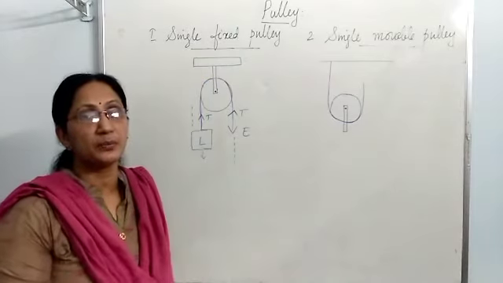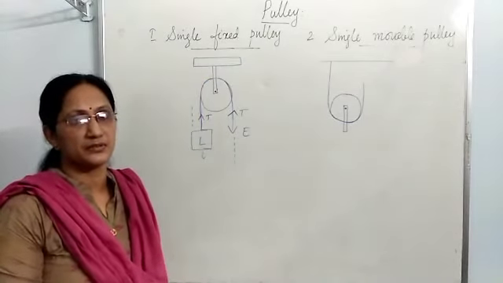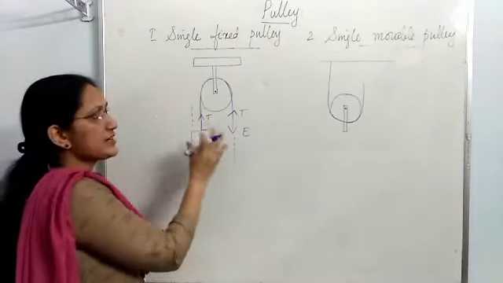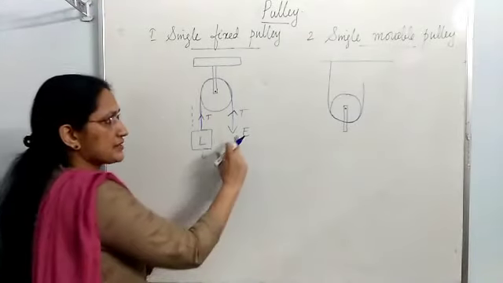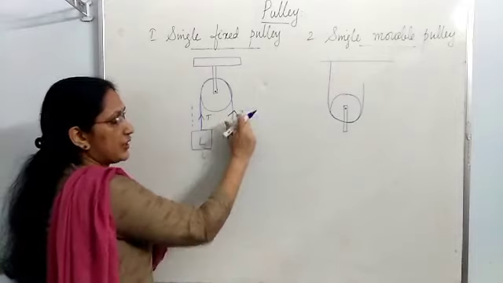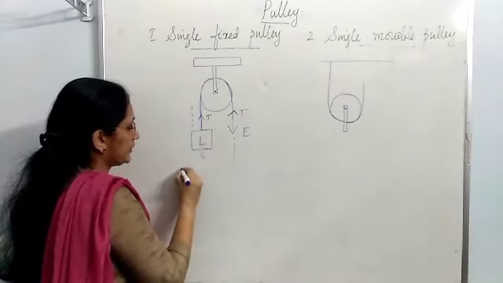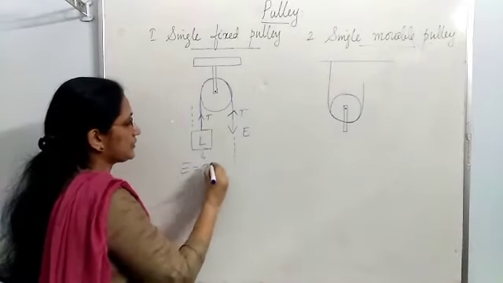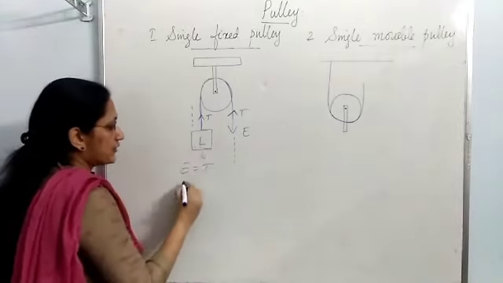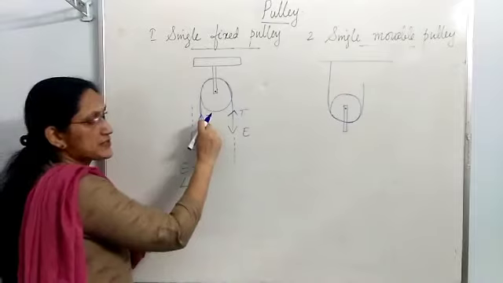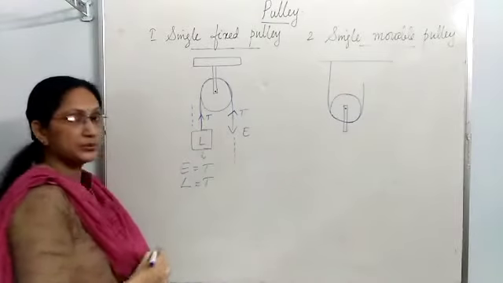That is called the equilibrium or balanced position. In this position, the effort is equal to the tension, E equals T. Then the load is also balanced by the tension, L equals T.